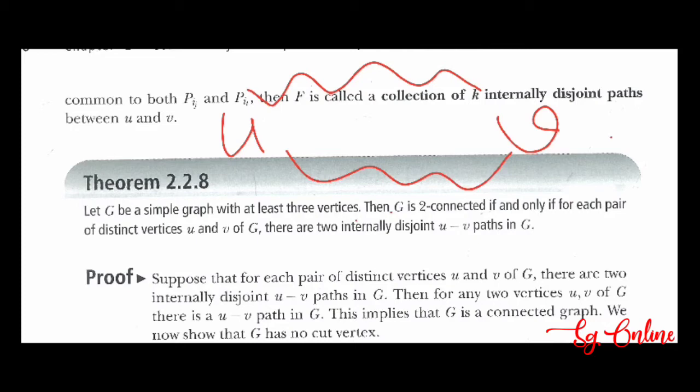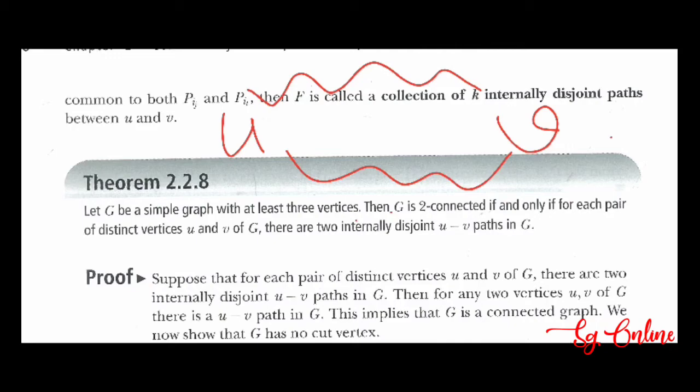You can see the similarity: if a graph is connected, that means it is one connected, then any two distinct vertices are connected by a path. But here the characterization of two connected graphs says that if the graph is two connected, then every pair of distinct vertices are connected by two internally disjoint paths.